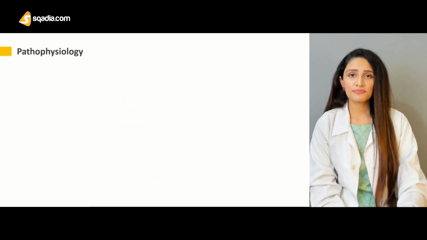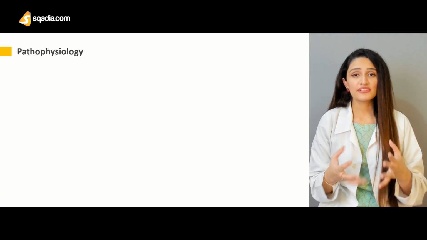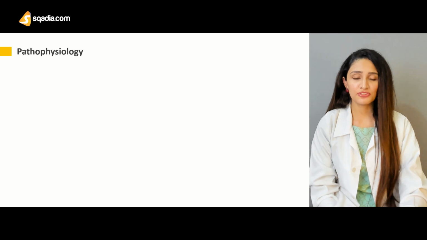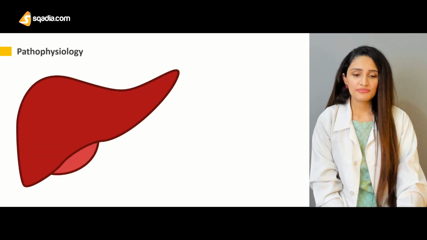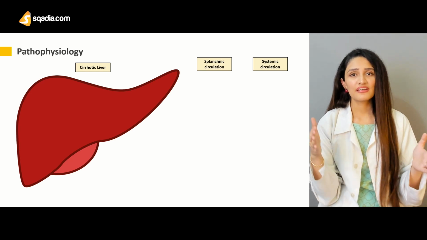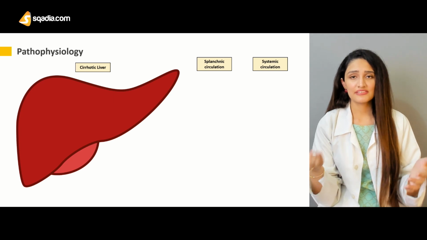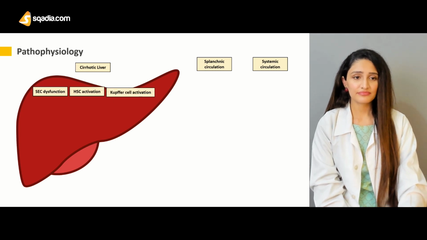Now let's talk step by step about the reasons and causes of portal hypertension in detail. We've got the cirrhotic liver, and then we'll look at the changes occurring within the splanchnic circulation and then the systemic circulation.